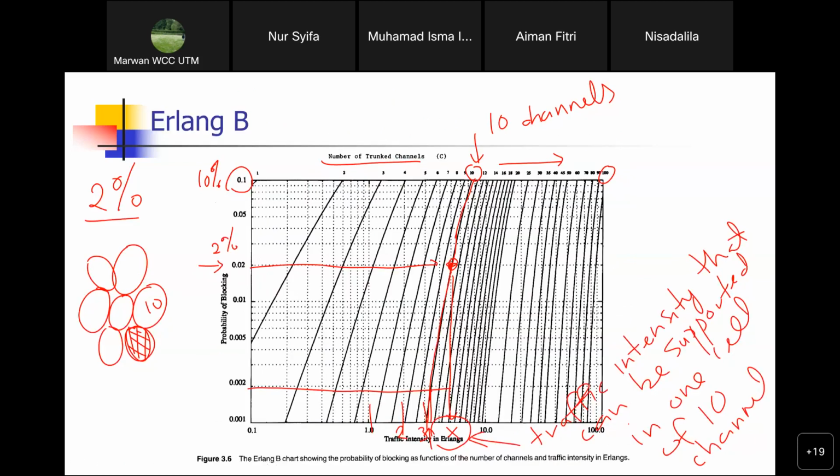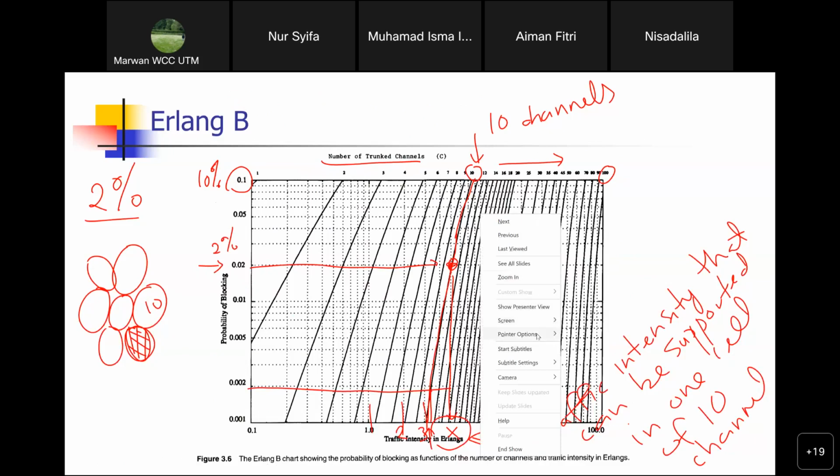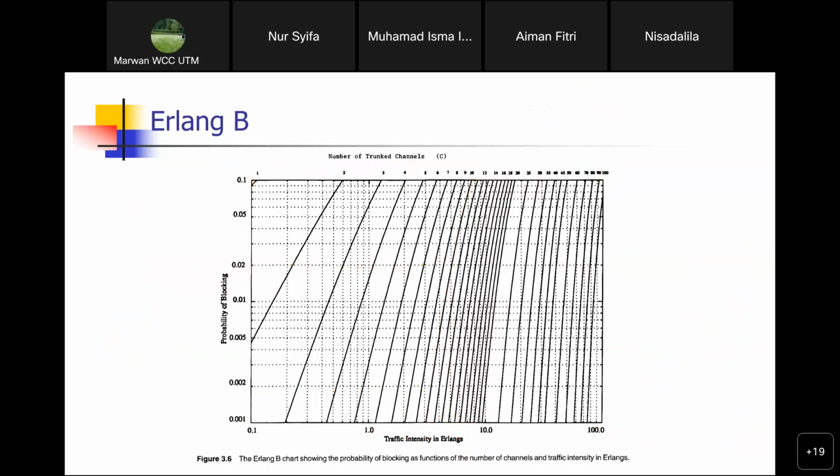Okay, let me try this. If you have 10 channels, it goes down here. That is the number. So this is 1, this is 2, this is 3. So it's 3 something.